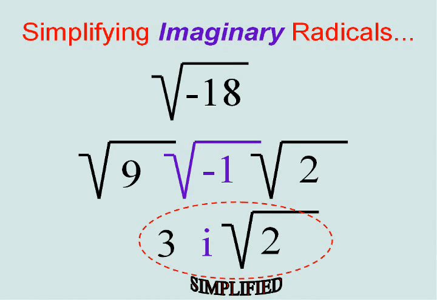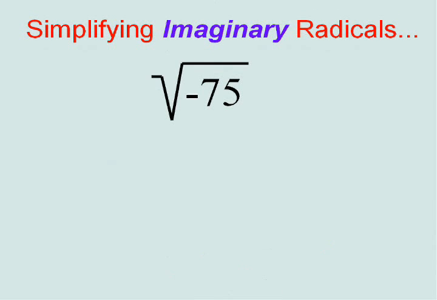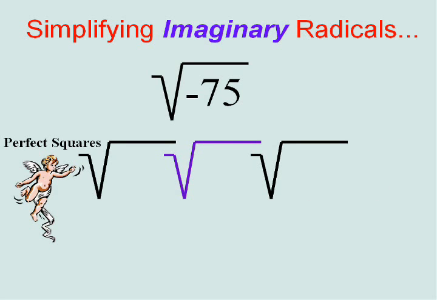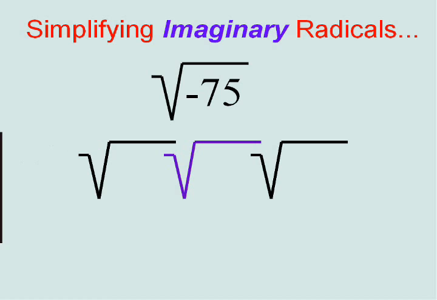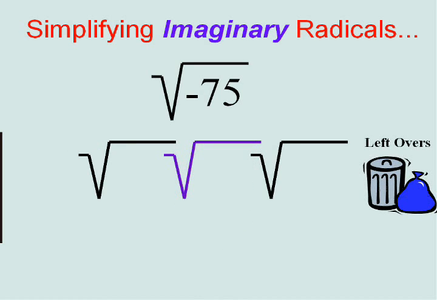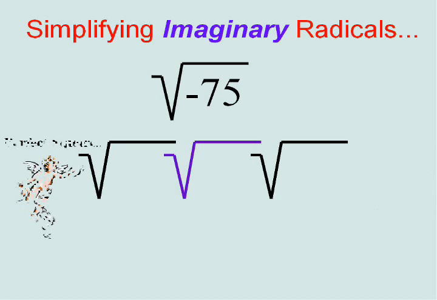Pretty much the same thing, except that you take out the negative 1, or the square root of negative 1, and you get i. We'll do one more. The perfect part, the imaginary part, and the garbage. Now what are they? The perfect part, 25.